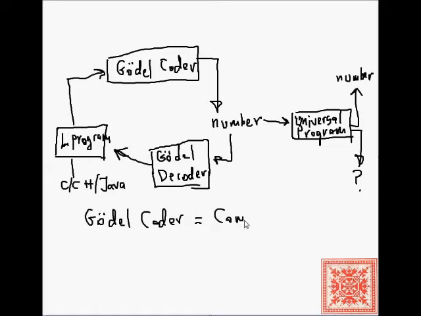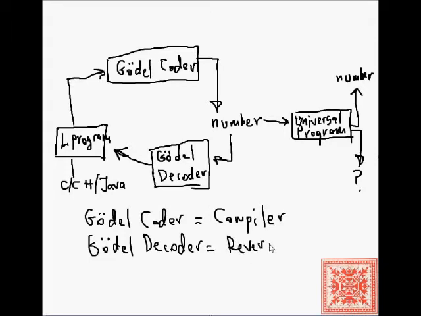So the Gödel coder may be compared to the compiler, because that's what compilers do. They basically translate programs into numbers, bytes. The Gödel decoder can be compared to the reverse compiler. There's a process of reverse compilation where you get the compiled program and try to get the original source code.